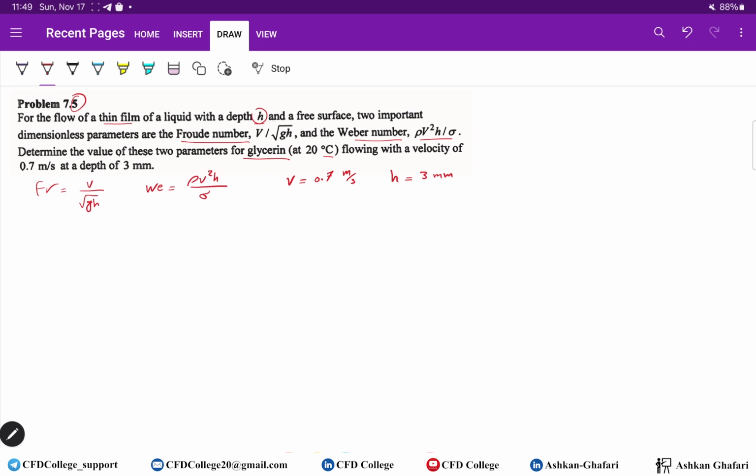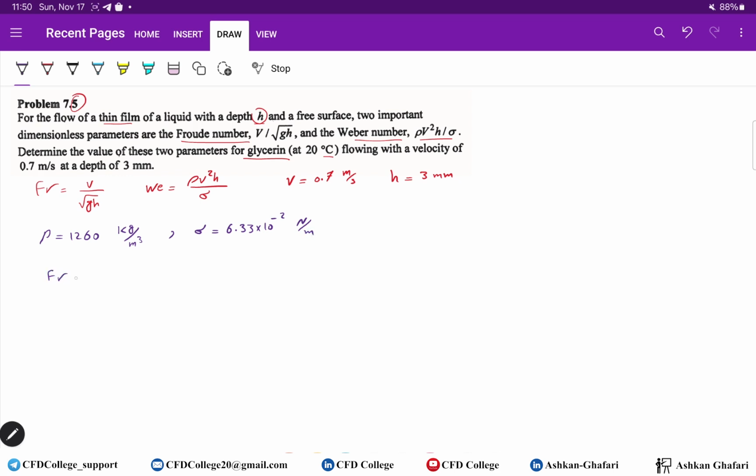For glycerin we need density, which is 1260 kilograms per cubic meter, and surface tension, which is 6.33 times 10 to the minus 2 Newton per meter.